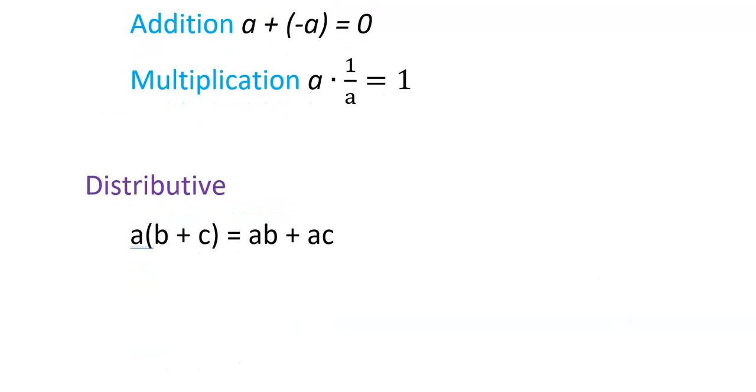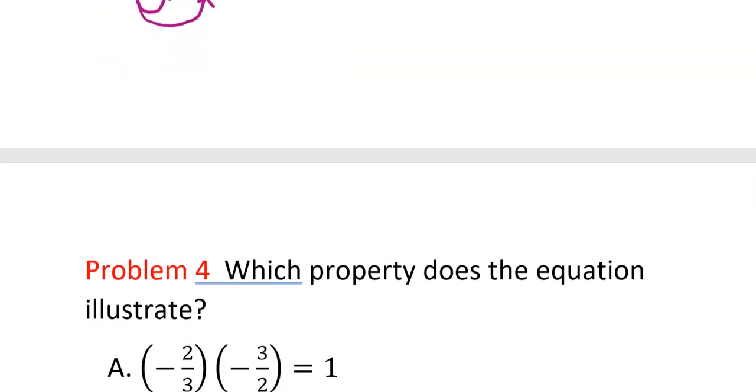Distributive property doesn't have anything to do with only addition or multiplication. It kind of combines the two. Basically, you're taking each member that's on the outside times the member that's on the inside, and the sign that you use is the same as the one in the middle. So you get A times B on the right plus A times C as well.